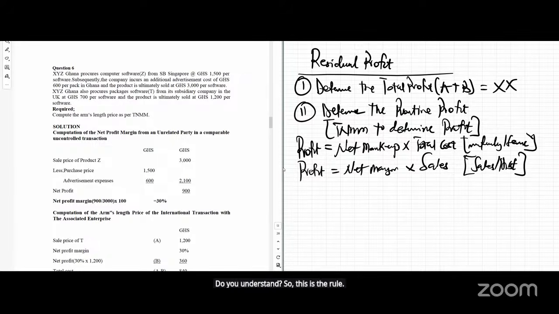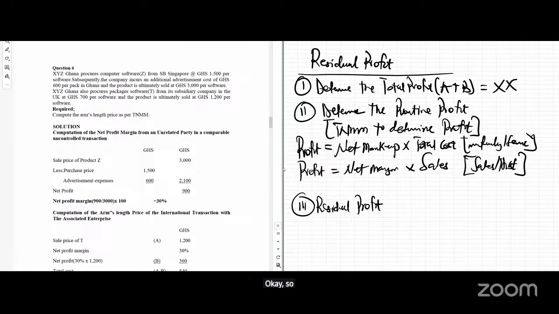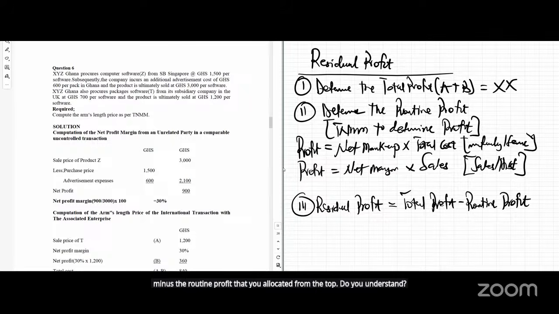After you determine the routine profit, you then get the residual profit. The residual profit is simply your total profit minus the routine profit that you allocated from the top. So when do we use this?